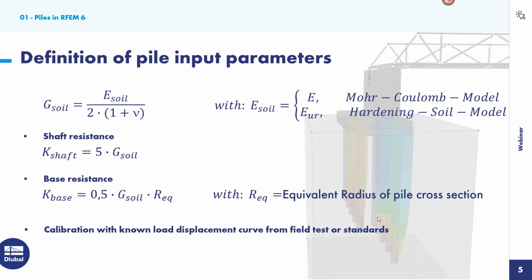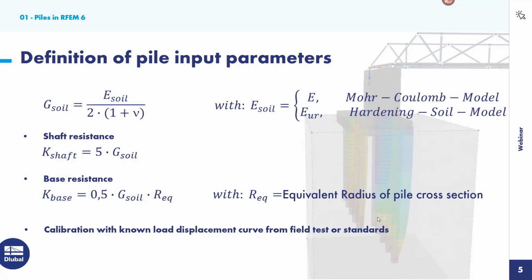You can take the E modulus from the surrounding soil. This means for the Mohr-Coulomb model, you would take the primary loading E modulus, and if it is the Hardening Soil model, you would use the unloading and reloading E modulus, E_ur.